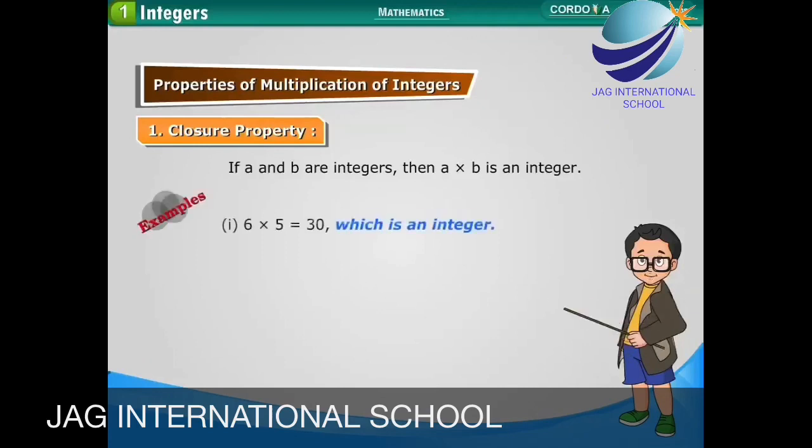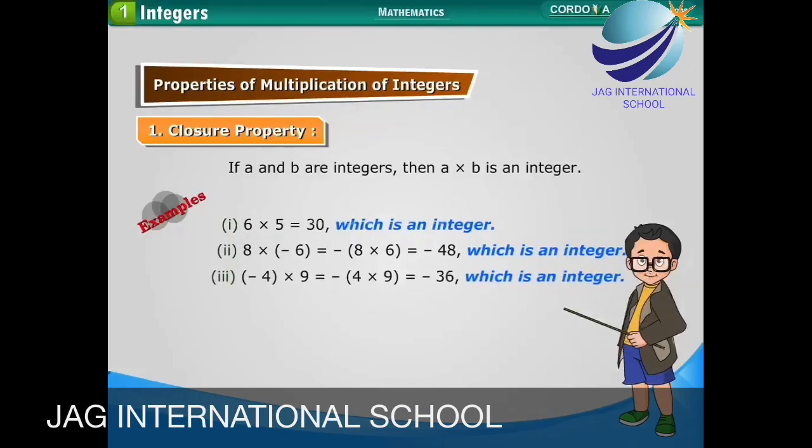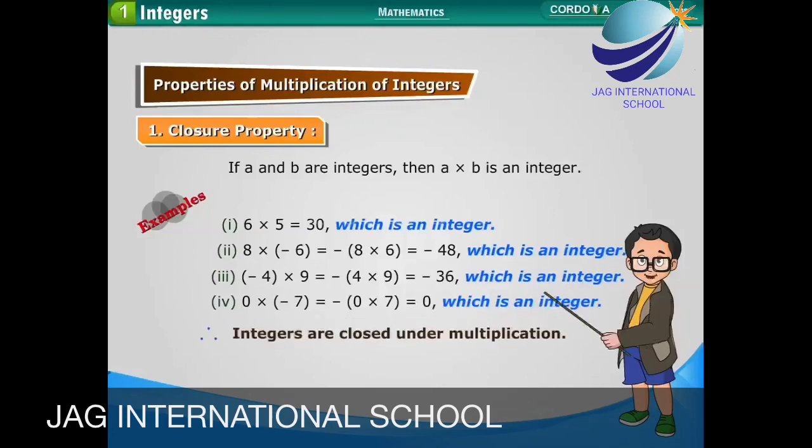Examples: 6 × 5 is equal to 30, which is an integer. 8 × (-6) is equal to -(8 × 6), which is equal to -48, which is an integer. -4 × 9 is equal to -(4 × 9), which is equal to -36, which is an integer. 0 × (-7) is equal to 0, which is an integer. Therefore, integers are closed under multiplication.